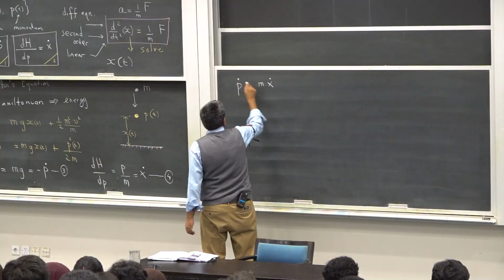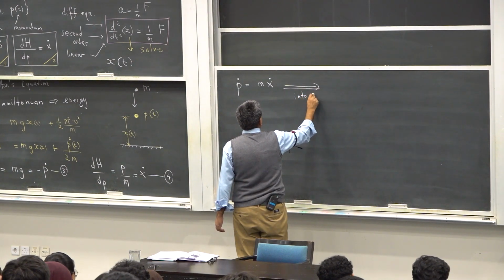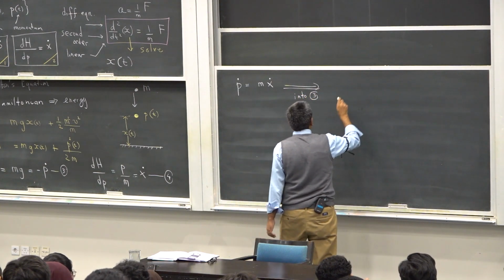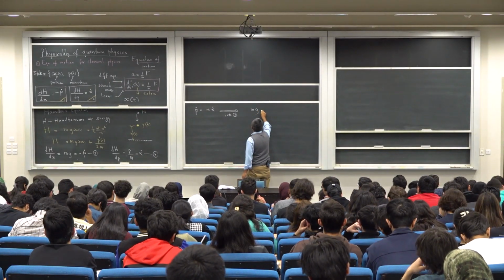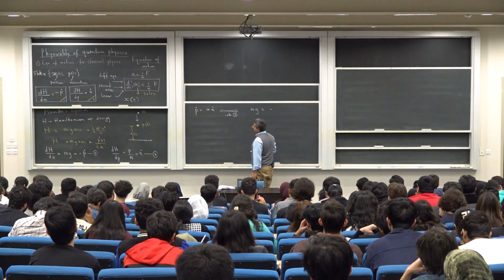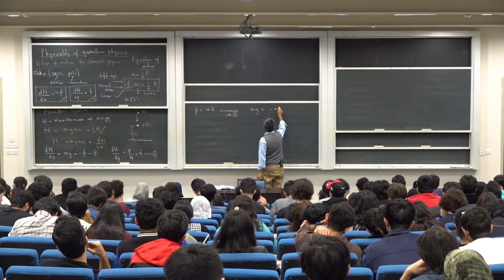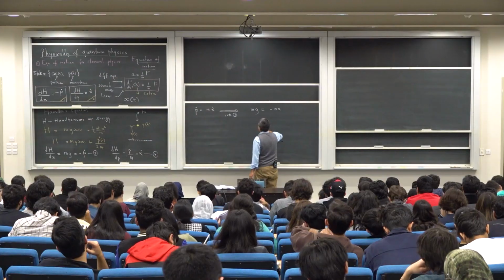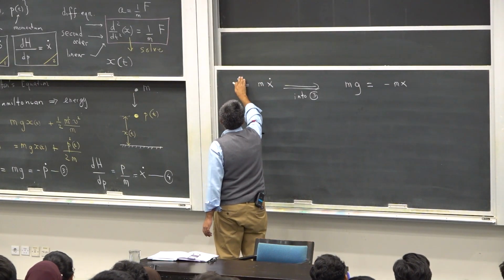Now I insert this into equation 3, and I'm left with mg equals minus p dot, which is minus m x double dot.